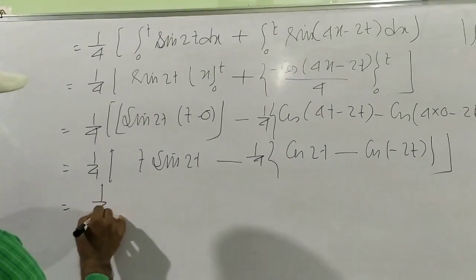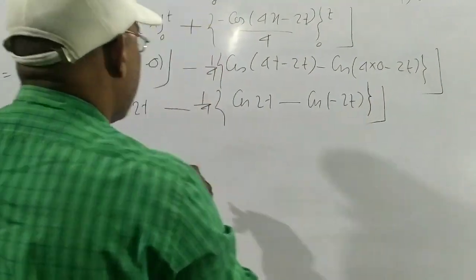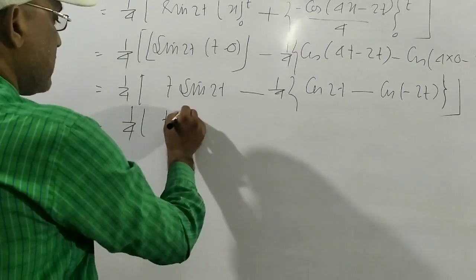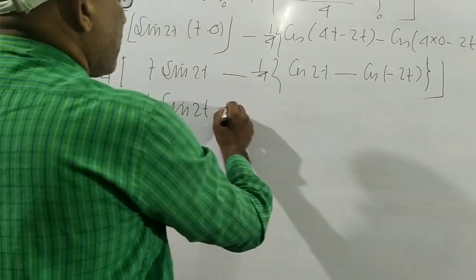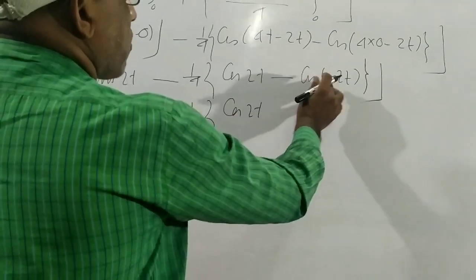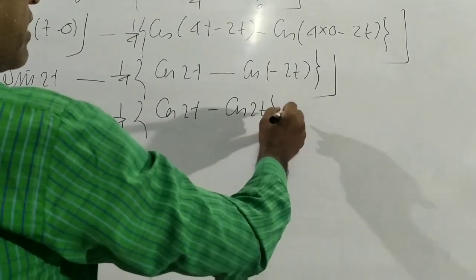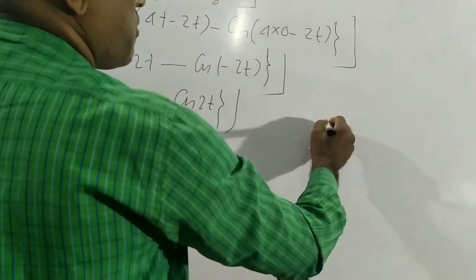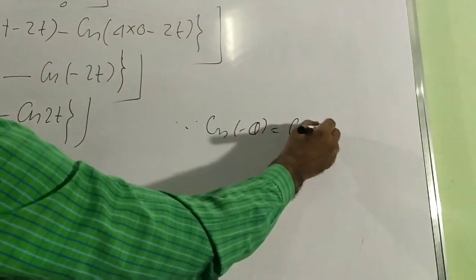So 1 by 4 t sine twice t, and 1 by 4 cos twice t. Cos minus theta means plus cos theta. We get this one because we know this formula, cos minus theta equals plus cos theta.